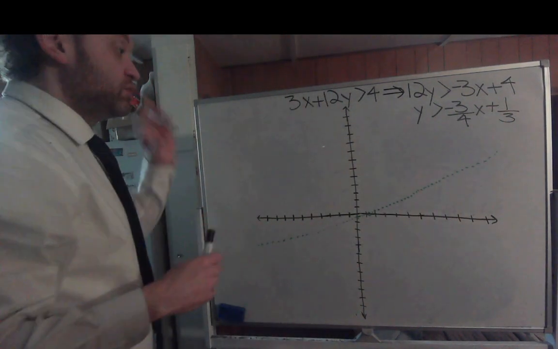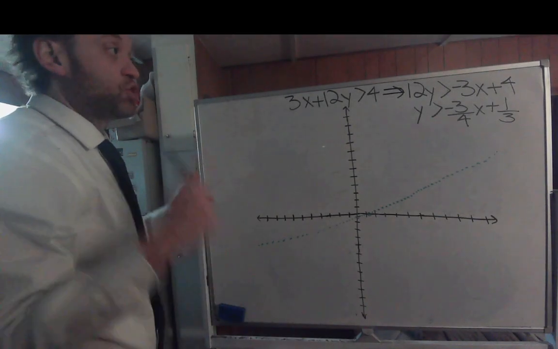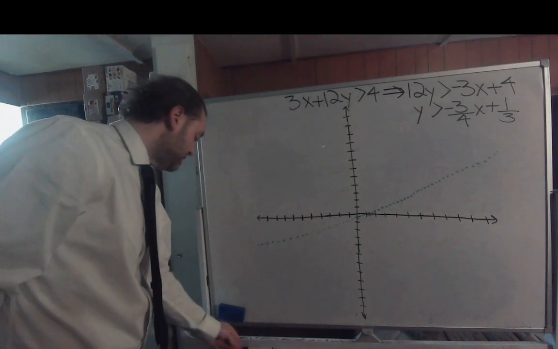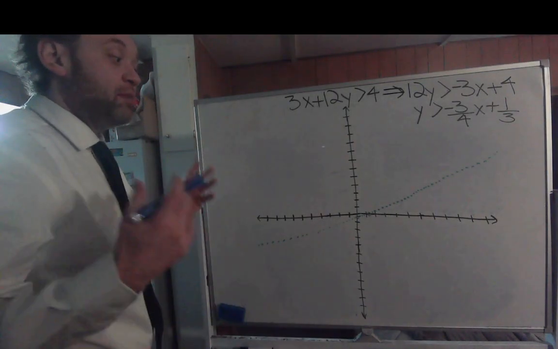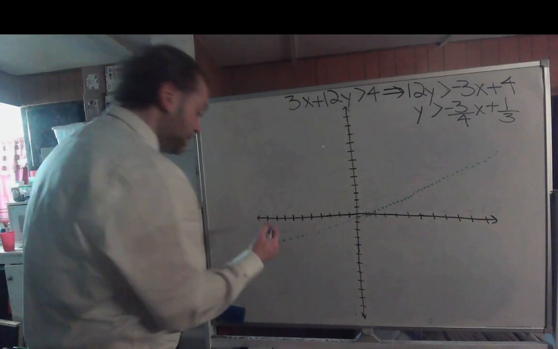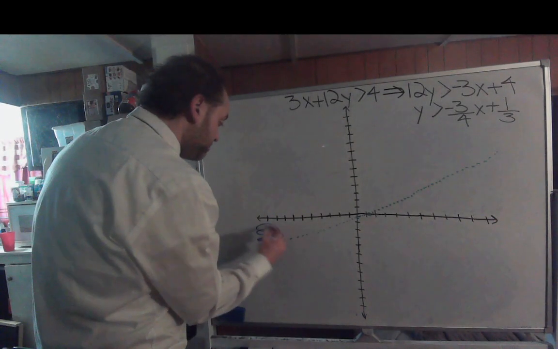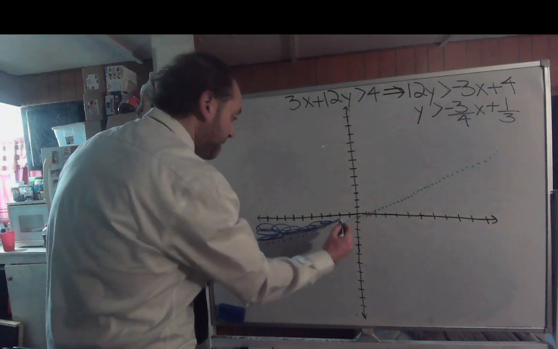So that tells you that y is greater than that line. Since it's greater than, that means you need to shade above the line. So we will shade everything above this dotted line now.